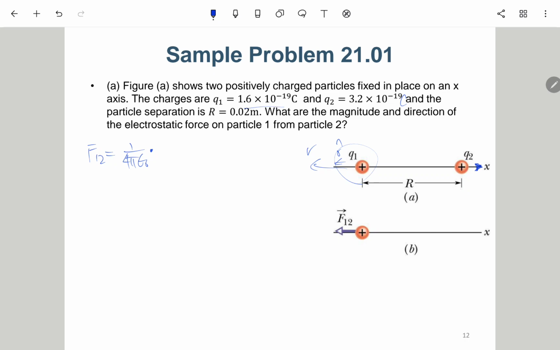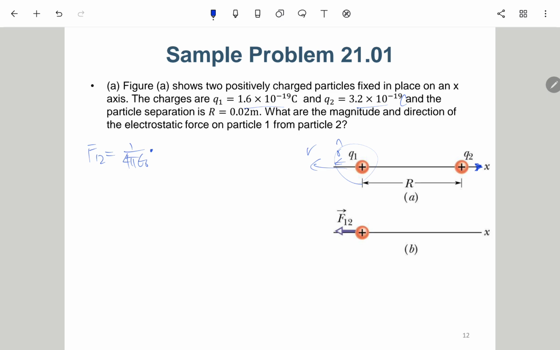In this case, both Q1 and Q2 are positive. So you plug in all the numbers with the correct polarity, and then you will see F should point in the same direction as r hat, so F12 should be pointing to the left side.